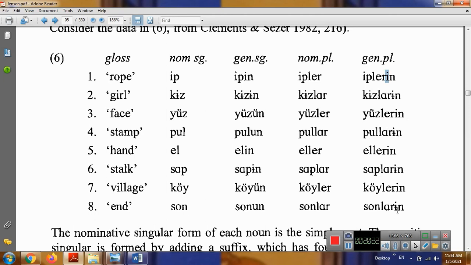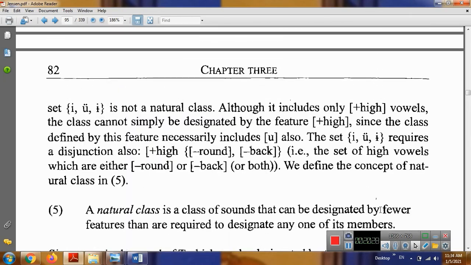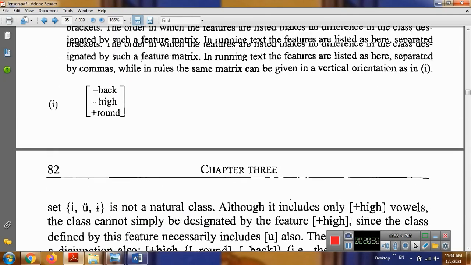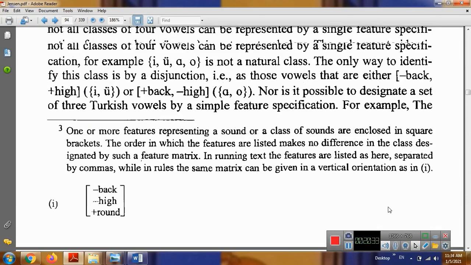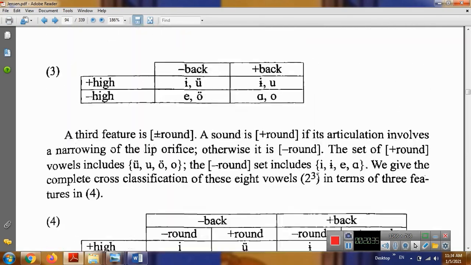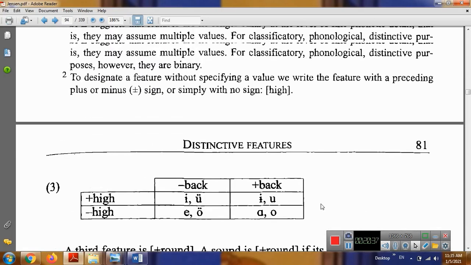I want to find the shared feature between these vowels, e and a.